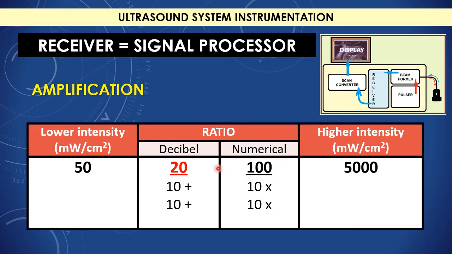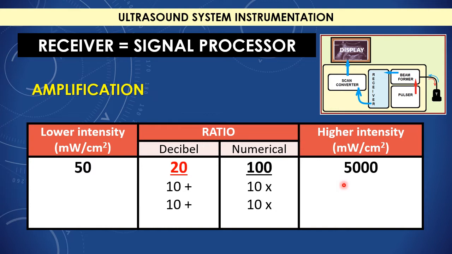Each 10 decibels is equivalent to times 10 magnification. So plus 10 decibel is equivalent to times 10, plus 10 decibel is equivalent to times 10. So times 10 times 10 equals times 100. So the 50 will be multiplied by 100, and I will get 5,000. This is how we do this calculation.